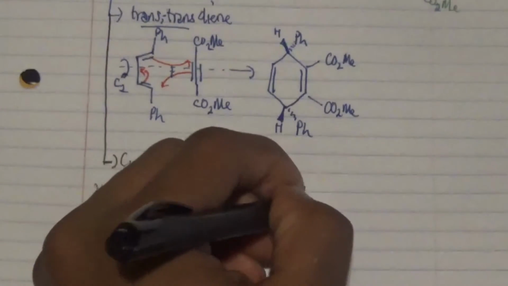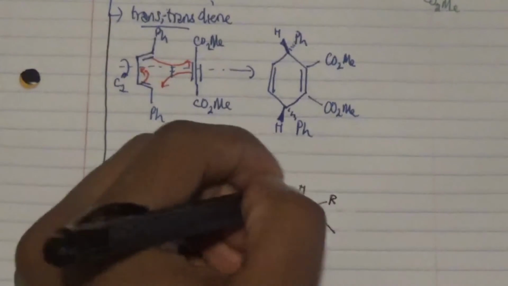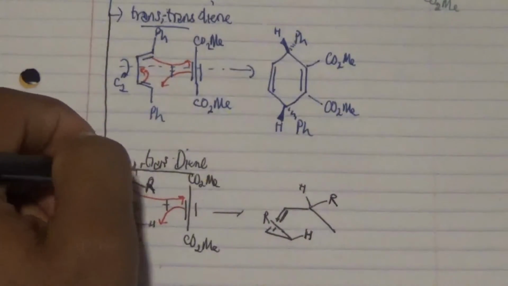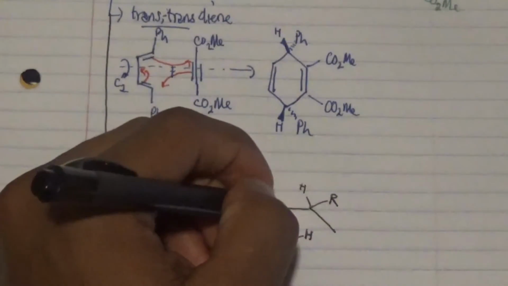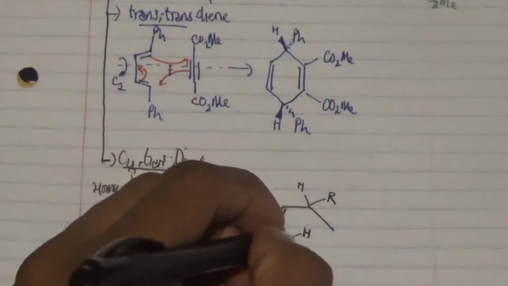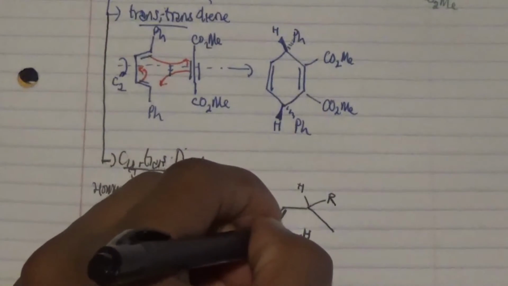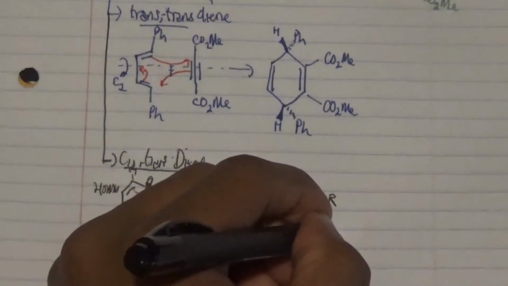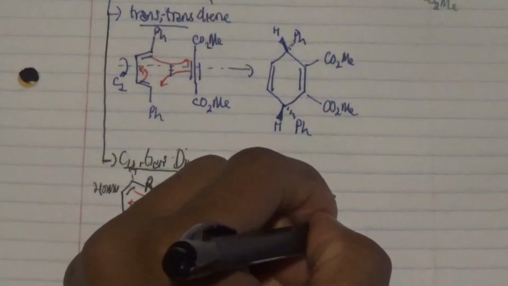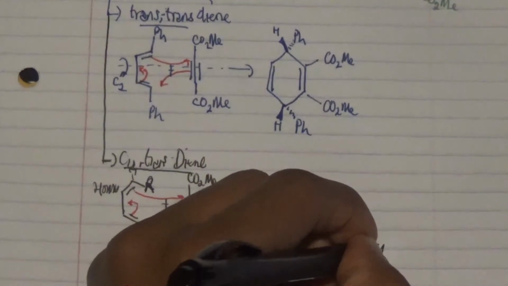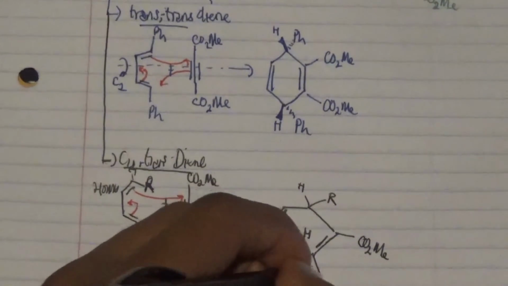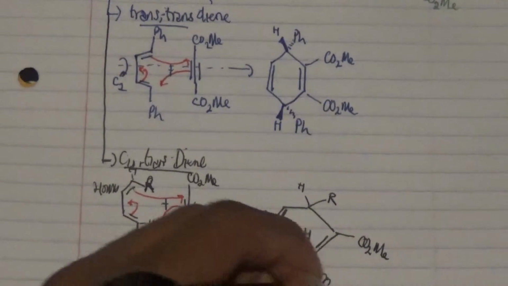However, we have different positioning of our R groups as a result of the cis-trans here, where both of them are actually trans with respect to each other. And what we have over here is our double bond being formed over there, and we have our CO2Me and our CO2Me over there.